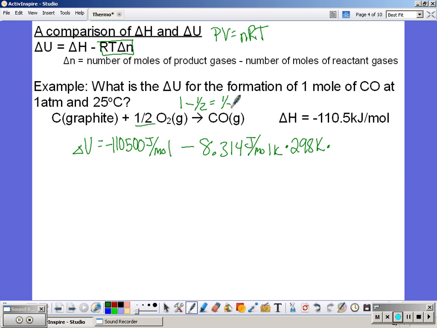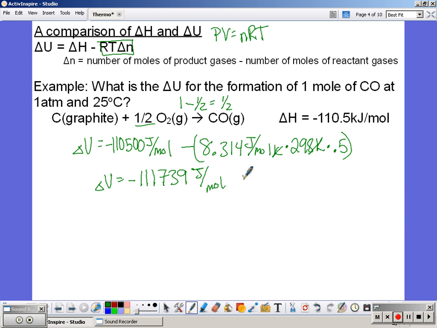So my delta n value would be 0.5. So delta U would equal, and our Kelvins would cancel, leaving us with joules per mole.